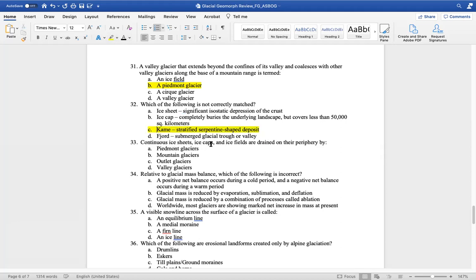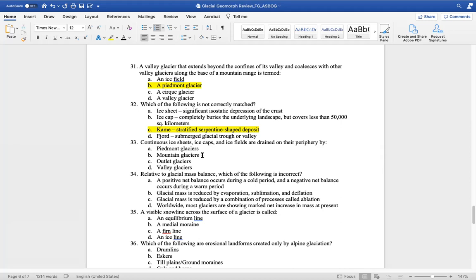Continuous ice sheets, ice caps, and ice fields are drained on their periphery by Piedmont glaciers, mountain glaciers, outlet glaciers, or valley glaciers. We know three out of the four we've talked about. Piedmont glaciers extend beyond the confines of a valley and coalesce with other valley glaciers.